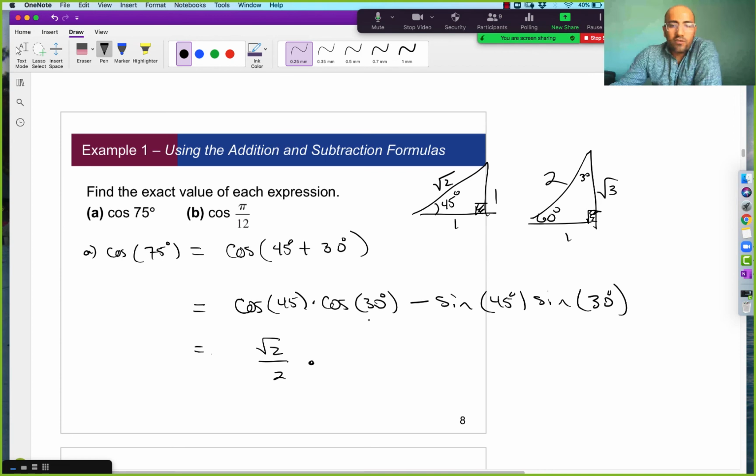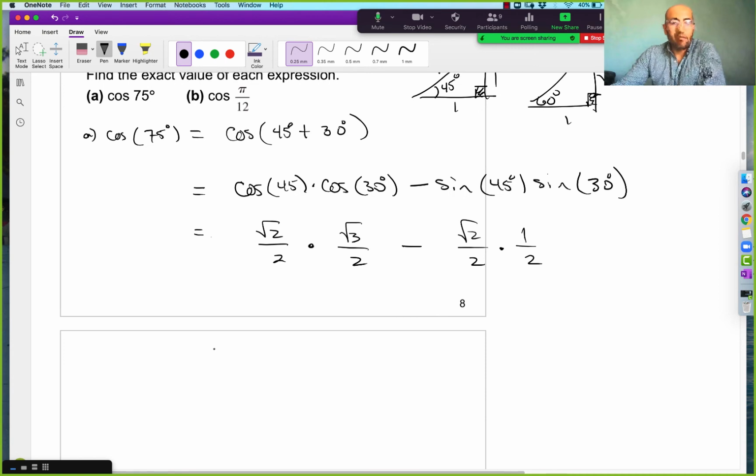And cosine of 30 degrees is root 3 over 2. Good. Minus sine of 45 degrees, that's root 2 over 2, times sine of 30 degrees, which is equal to 1/2. Okay. So combining these, this gives you root 6 minus root 2 all over 2.